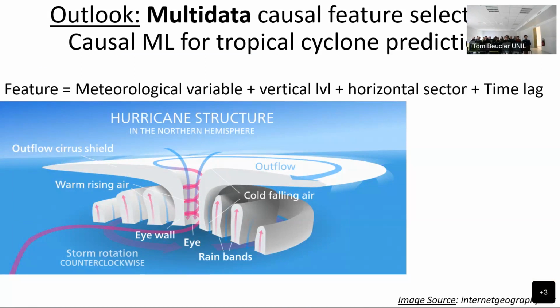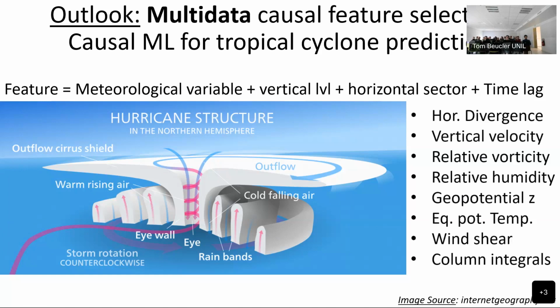So we have many different variables at many different vertical levels in the atmosphere, in different horizontal sectors. We averaged them in the inner core and the outer core of the tropical cyclone, and also at many different timelines. That's what we call a feature: a variable at a level in a horizontal sector at a given timeline. And now we ask the causal discovery algorithm, can you pick the ones that are most relevant for us to make the predictions?